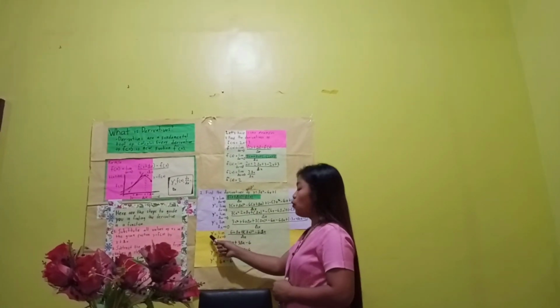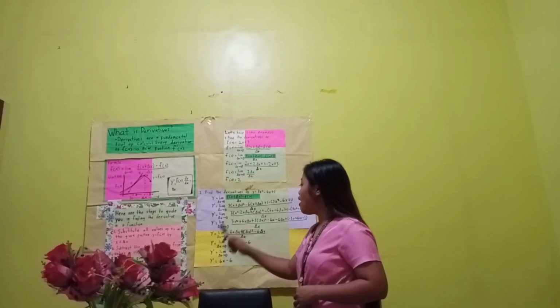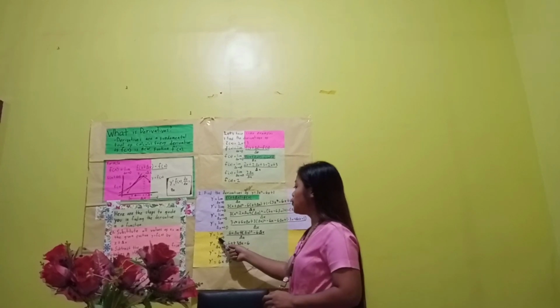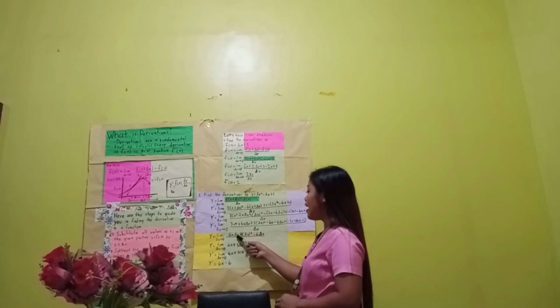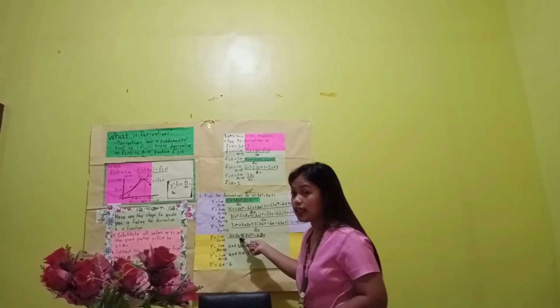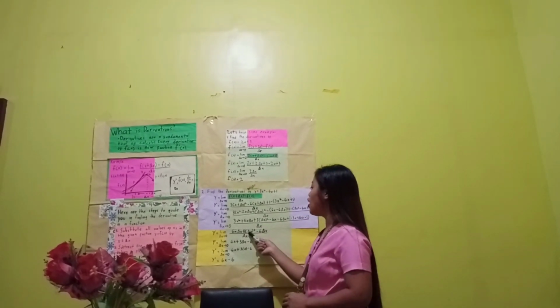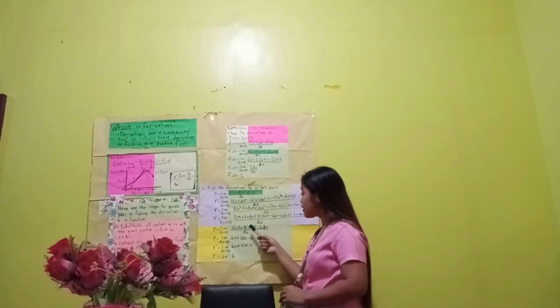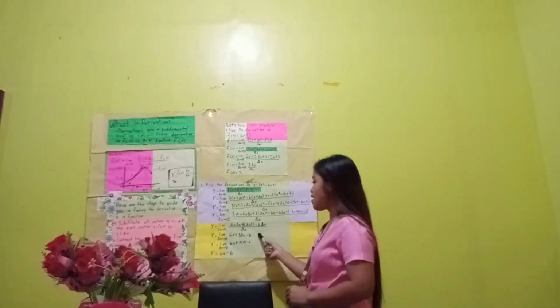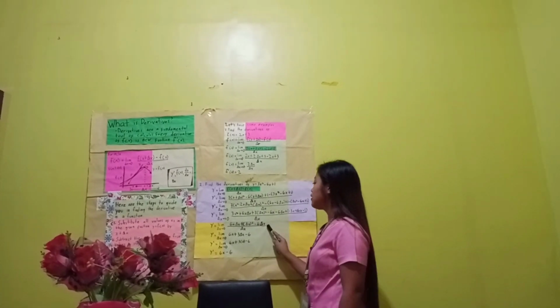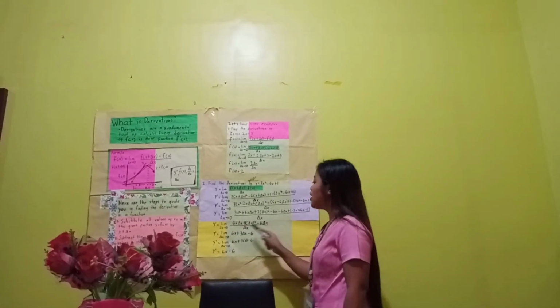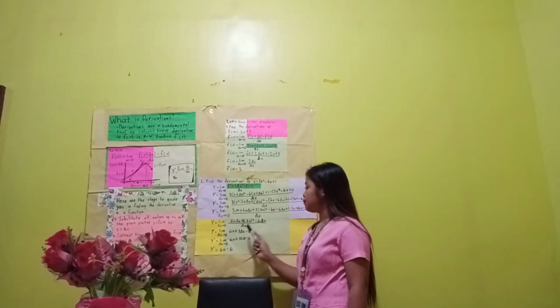Divide. y equals the limit as x approaches 0 of 6x squared plus 3 quantity of x squared minus 6 over x.